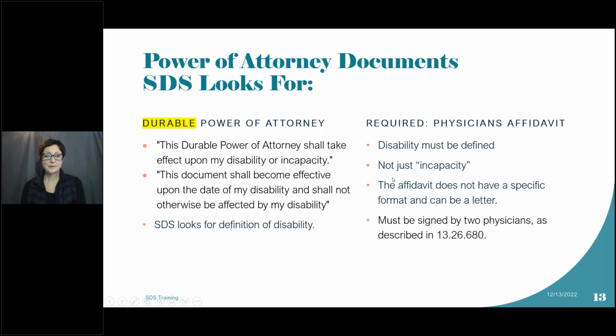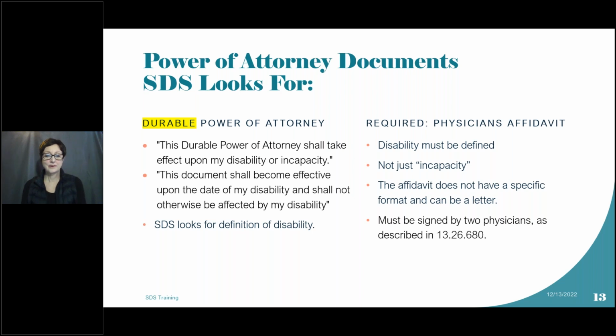And what else are we looking for here with durable power of attorney? It's a little bit of a special case. We do see them. For durable power of attorney, we'll typically see language that says things like this: this durable power of attorney shall take effect upon my disability or incapacity. This document shall become effective upon the date of my disability and shall not otherwise be affected by my disability.